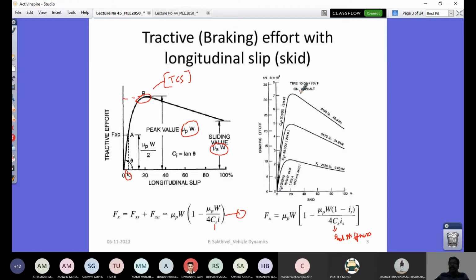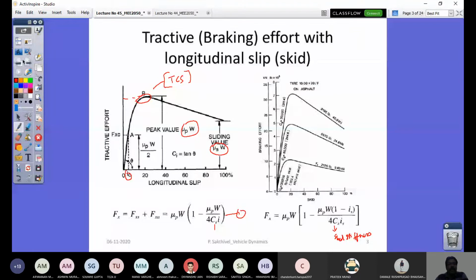That means as the load increases, your longitudinal slip stiffness or skid stiffness increases, and that is also responsible for the increase in your peak brake force that is available additional to the load. So the load and stiffness would increase, right? So that is what you should understand from these two plots.